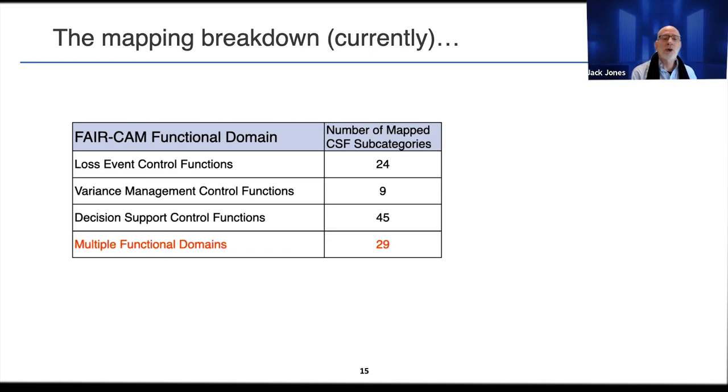So there are 29, at least given the current mapping effort, that present a challenge from a mapping, scoring and translation perspective.